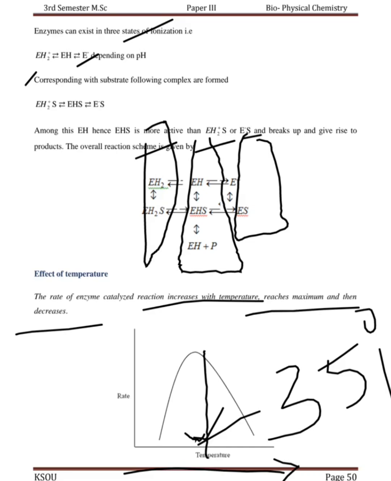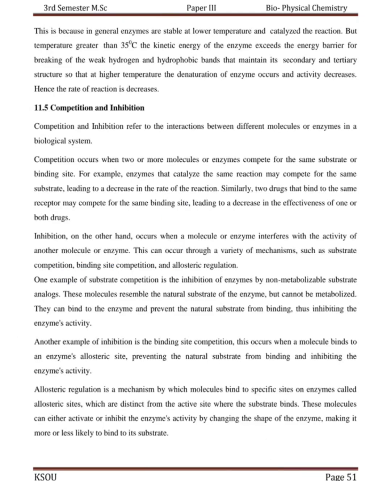So generally enzymes are stable at low temperature and catalyze the reaction. At temperatures greater than 35 degrees, the kinetic energy of enzymes exceeds the energy barrier for breaking of weak hydrogen bonds and hydrophobic bonds.